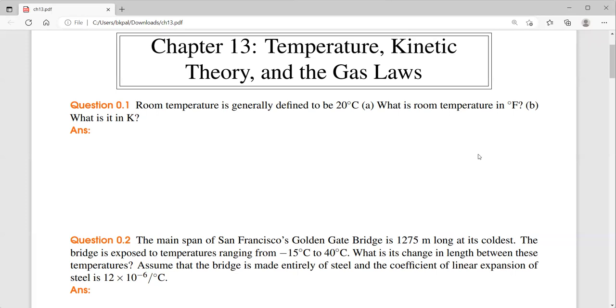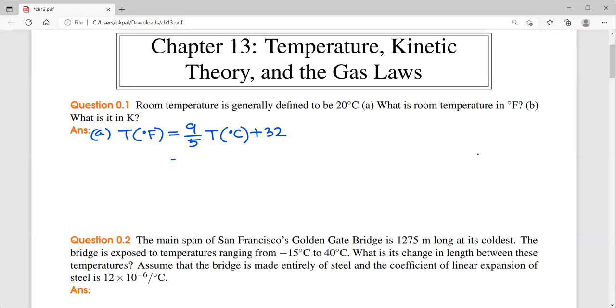So the equation we need for number A is this equation: T in degree Fahrenheit, because we want to know the temperature in degree Fahrenheit, is equal to 9/5 times the temperature in degree Celsius plus 32.